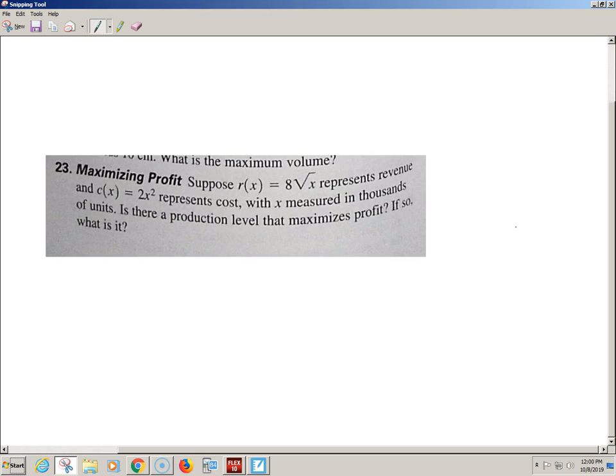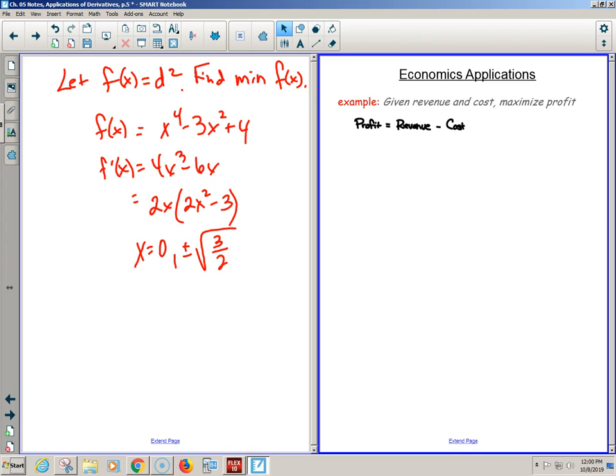So, what's the hint I just gave about profit? Do you think you might need that for this? Profit does equal revenue minus cost, because revenue is the money that comes in. It's the amount you made minus the cost of use. Yeah, it's the money made minus the money spent.